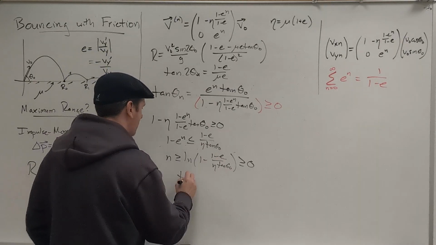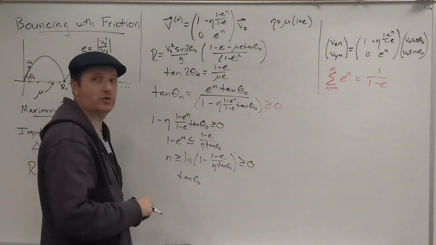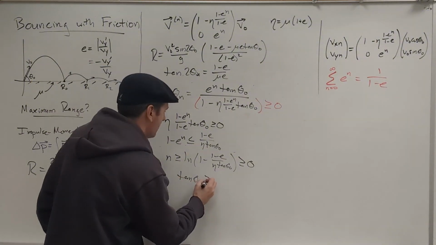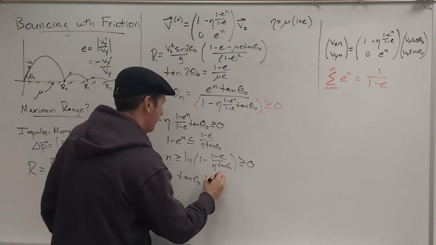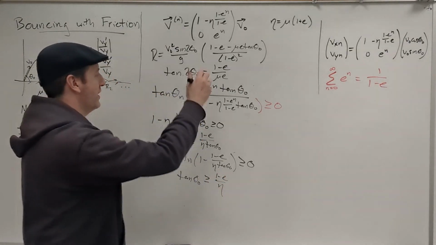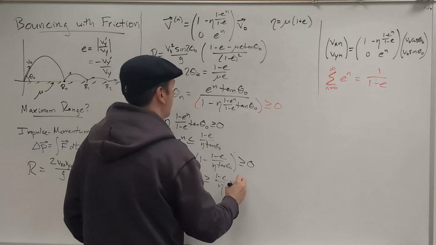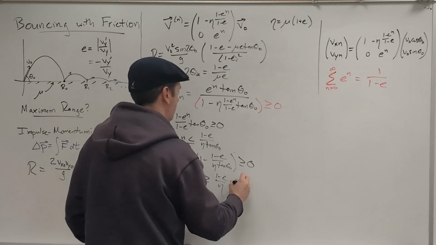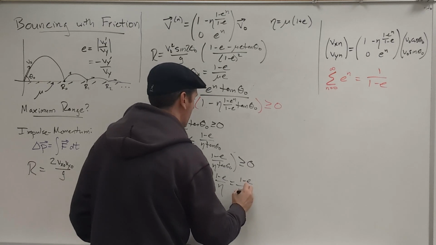So this puts a pretty strong constraint on your initial launch angle. This has to be greater than or equal to 1 minus e over eta. If you want, you can go plug in what that is. So that'll be 1 minus e over mu times 1 plus e.